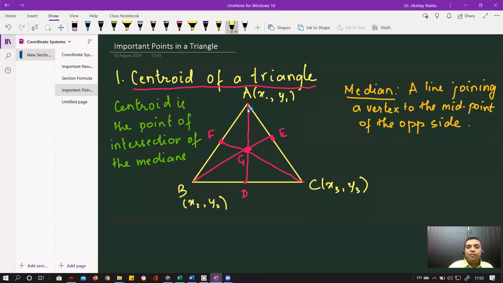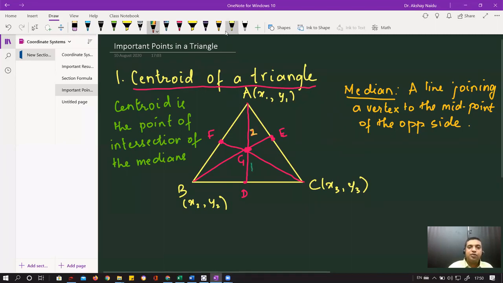Now from 9th and 10th class geometry, we know that the centroid divides the median in the ratio 2:1. This is 2 and this is 1, 2:1 ratio.